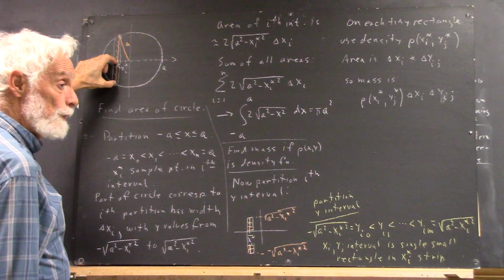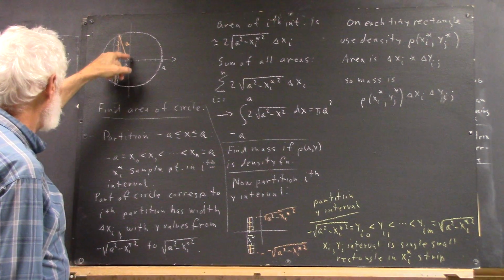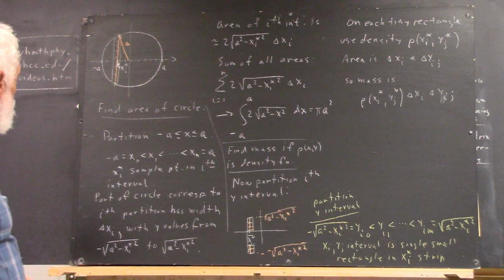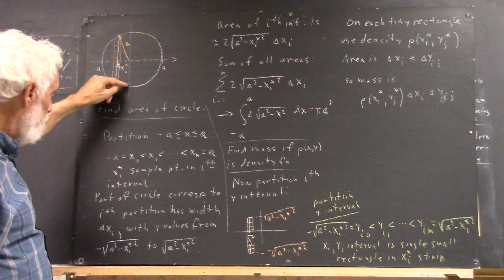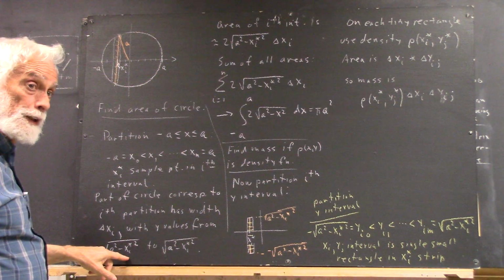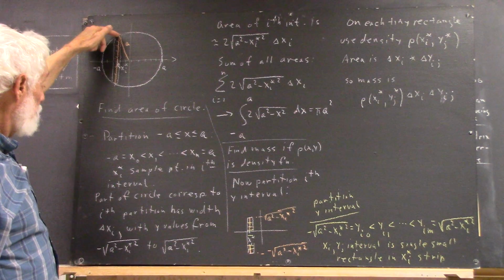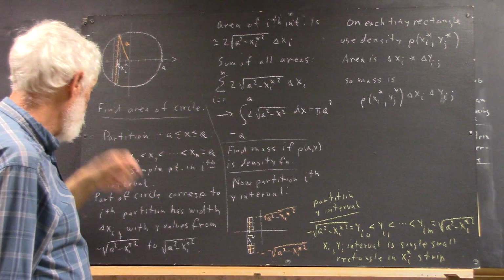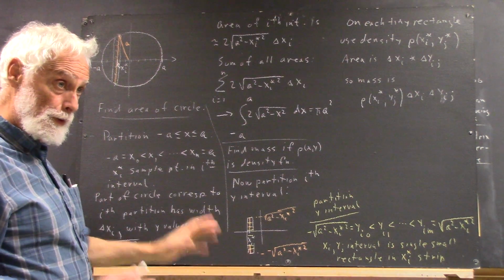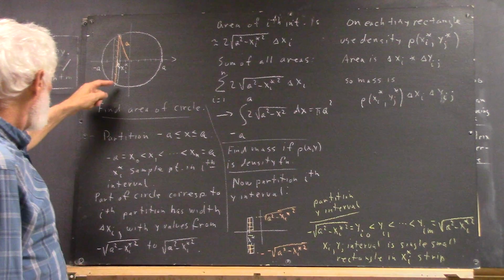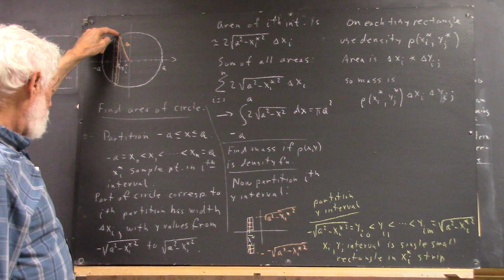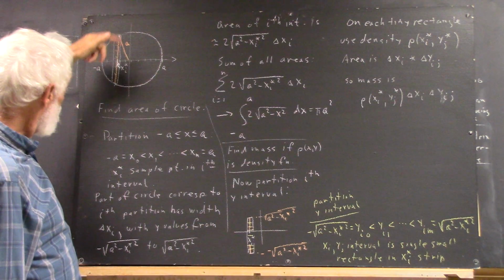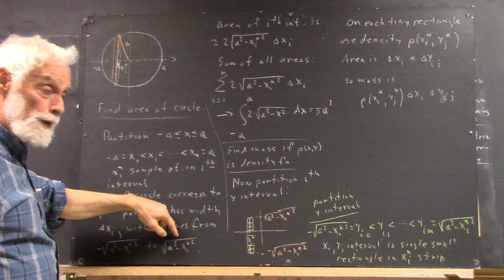And same with this one. We do the same type of triangle, and this distance will be the same. So the y value down here will be negative square root of a squared minus x sub i star squared. The y-coordinate up here will be positive square root of a squared minus x sub i star squared. Again, just a very straightforward application of the Pythagorean theorem. So let's just say that y values are going to go from this to this.